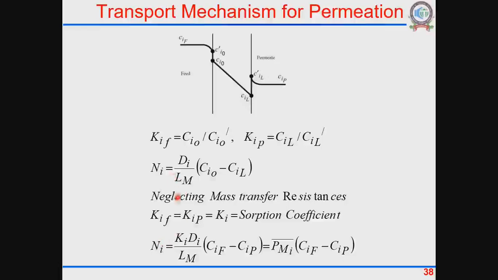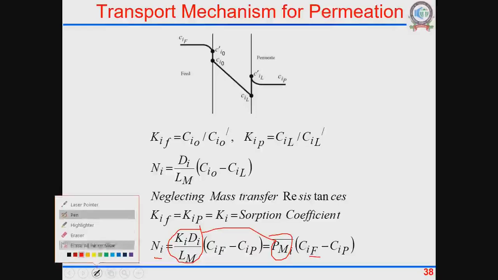Then we can rearrange this expression to get flux equal to Ki, the sorption coefficient for the solute i, times the diffusivity through the membrane, divided by the thickness of the membrane, times the concentration on the feed side minus the concentration on the permeate side. Again we can think of this whole term as the permeance of the membrane. So flux is related to permeance multiplied by the concentration difference.